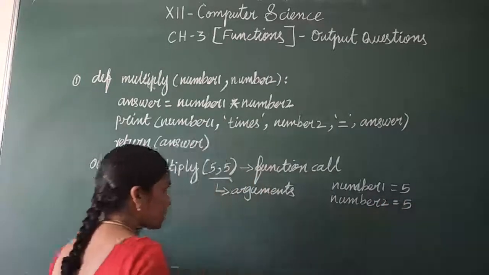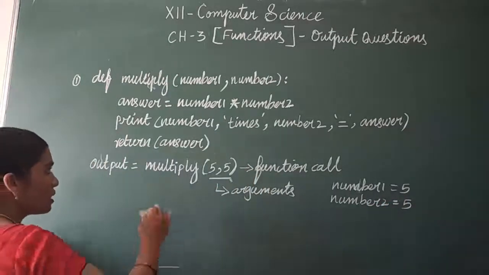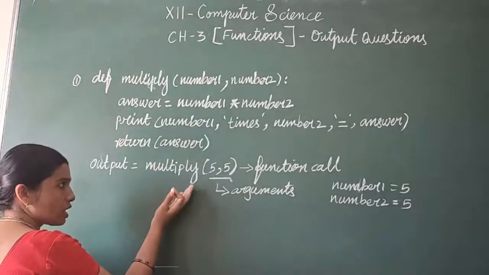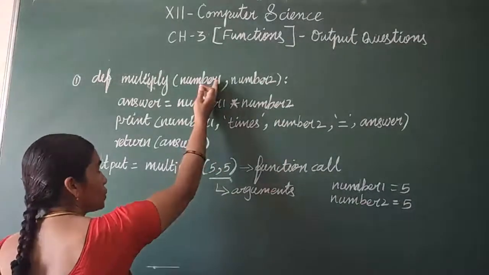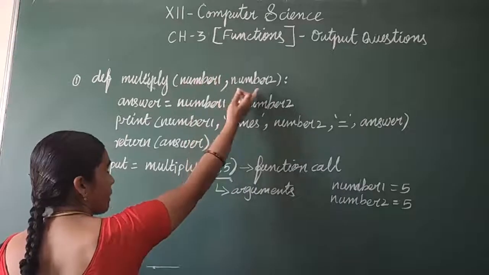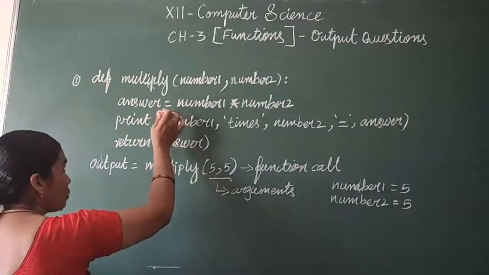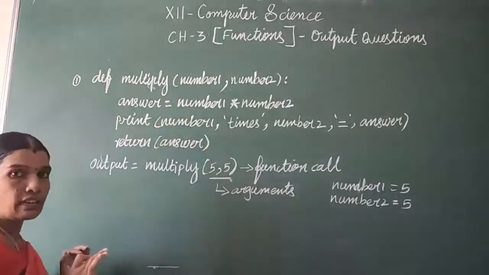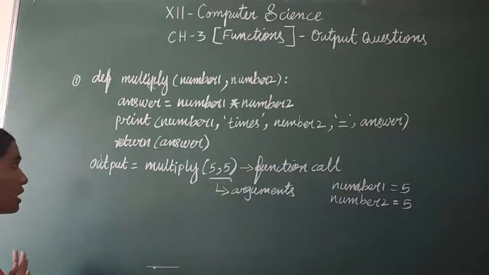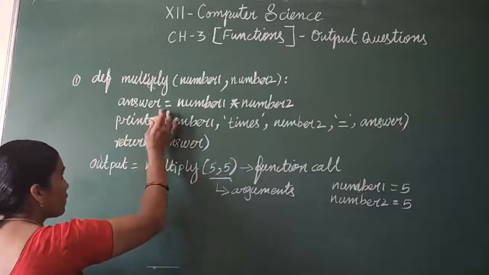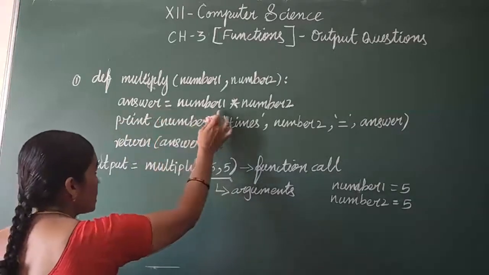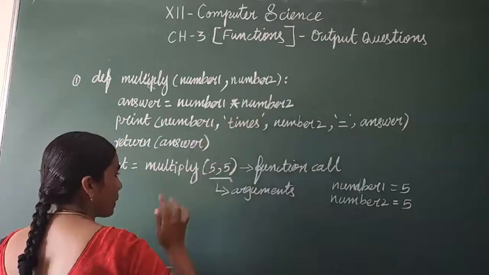After the function call passes the values to these 2 variables, number 1 and number 2, the control will move inside the function definition. What have we given? Answer is equal to number 1 into number 2.